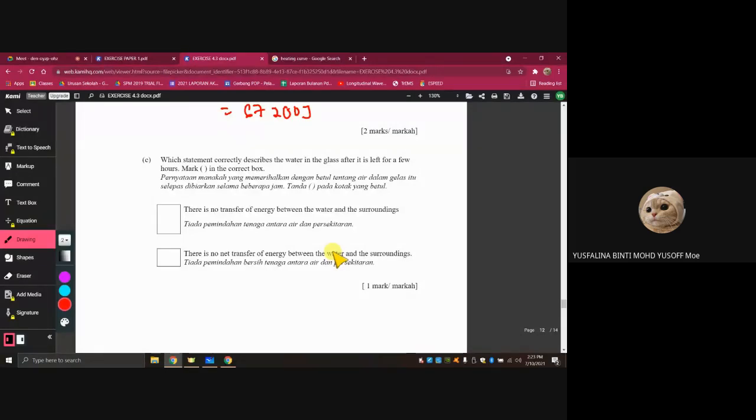Yes, thermal equilibrium. So what does it mean by thermal equilibrium? Yes, no net heat transfer of energy, or the net heat transfer is 0.